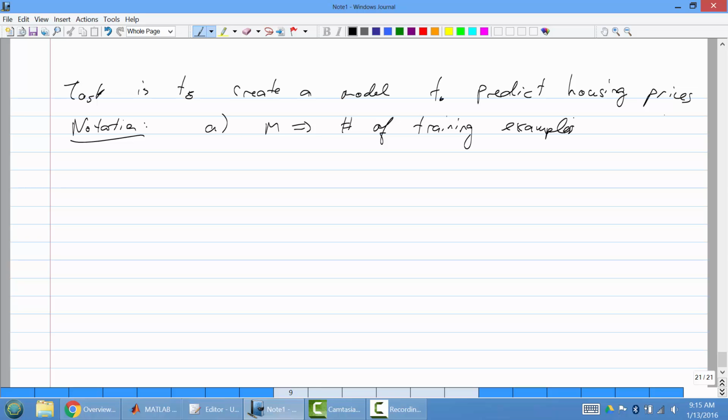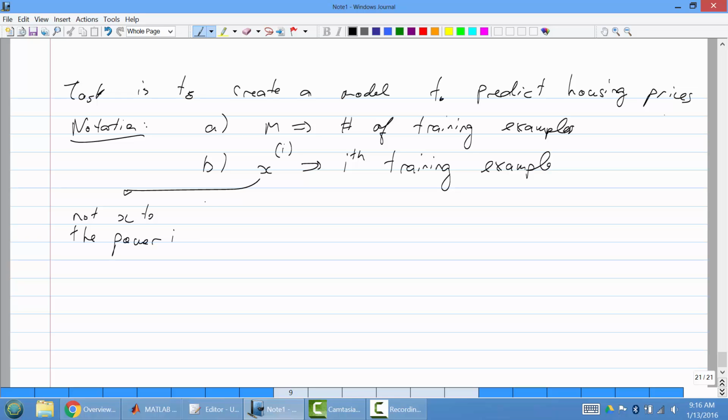And then next I'm going to use lowercase x with superscript i in brackets. Don't confuse this with exponentiation. This is not x to the power i. This is the ith training example. This notation is actually used quite often, so don't confuse it with x to the power i.